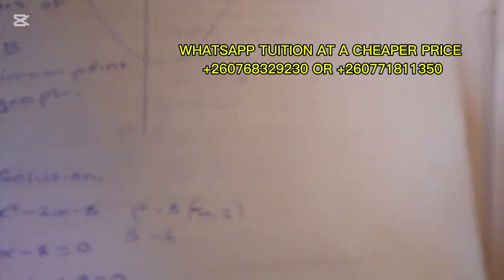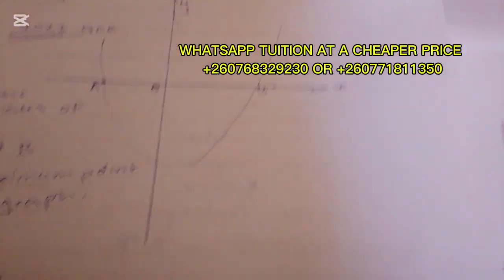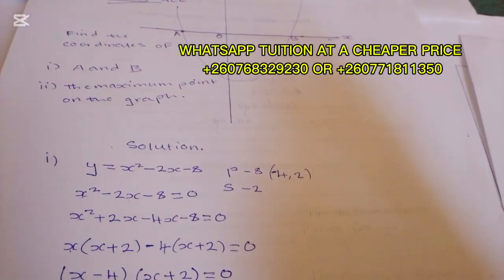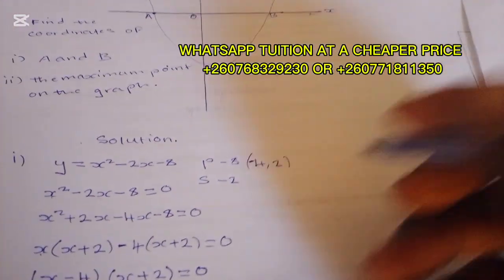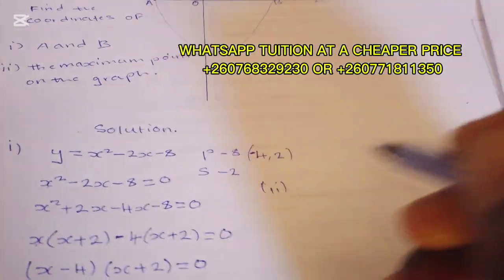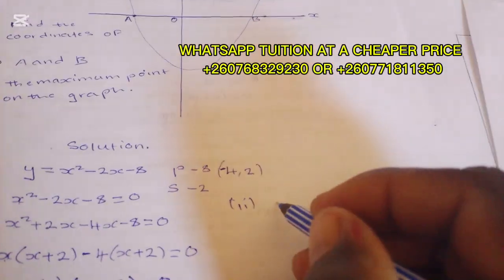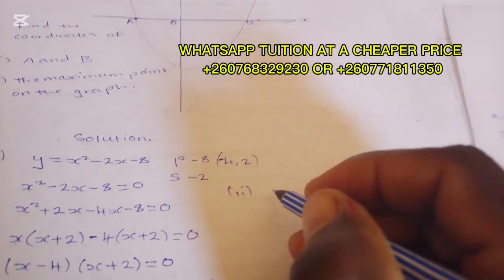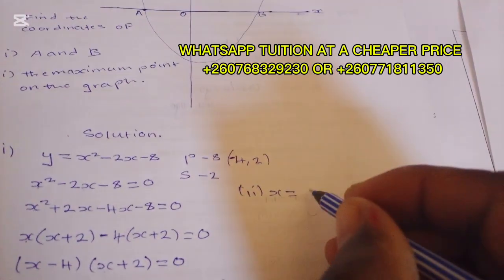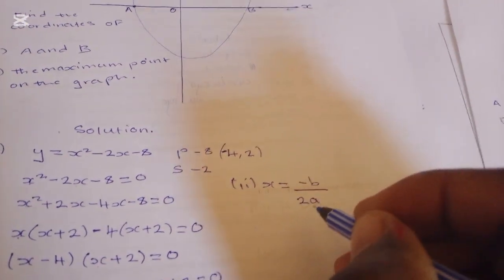Now let us come to question 2. I'll write it here. So when finding the turning point for x, we have the formula negative b over 2a.